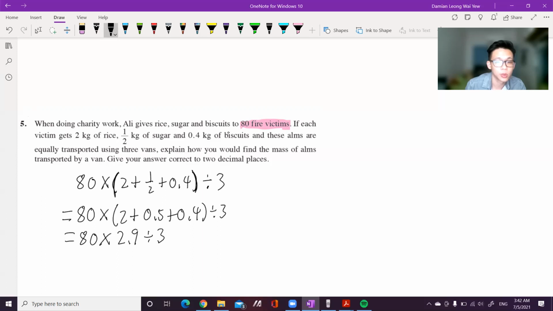So this, I can do it one by one. I can just take 80 times 2.9 first. It's okay to use calculator for this calculation. Okay? But just make sure you show working what you do first. You have to calculate what's in the bracket first. So you only need to calculate manually without calculator if they actually tell you without using a calculator.